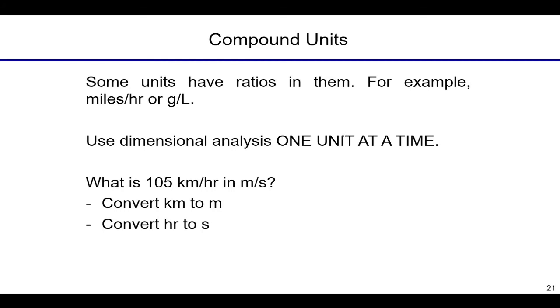Now, another type of unit factor you might have to use, in a dimensional analysis problem you might have to solve, is one that uses compound units. And this is one that usually trips students up, so let's look at this in a little bit of detail. These compound units often appear like this: miles per hour, gallons per liters. Okay? The trick is to solve just like we have been solving, but don't write the units like this.